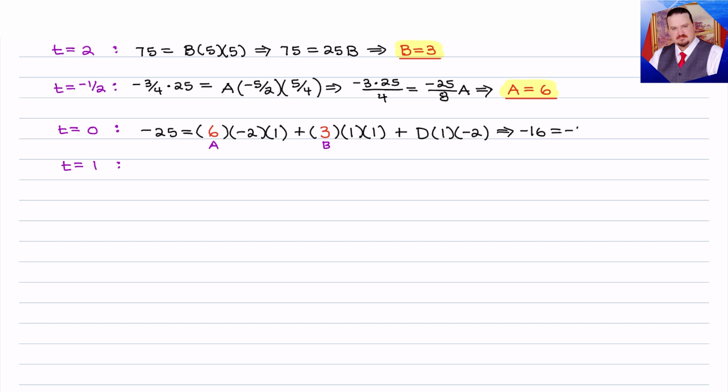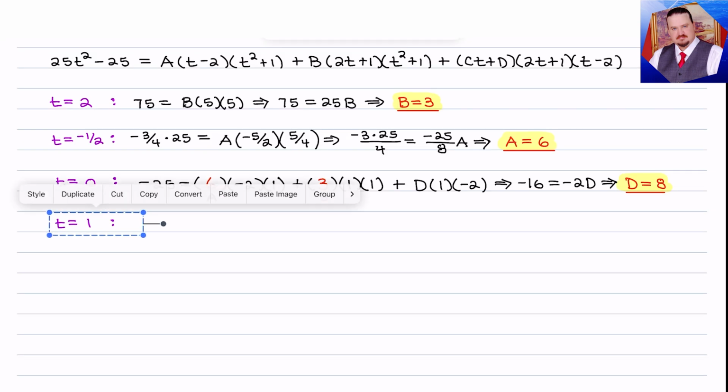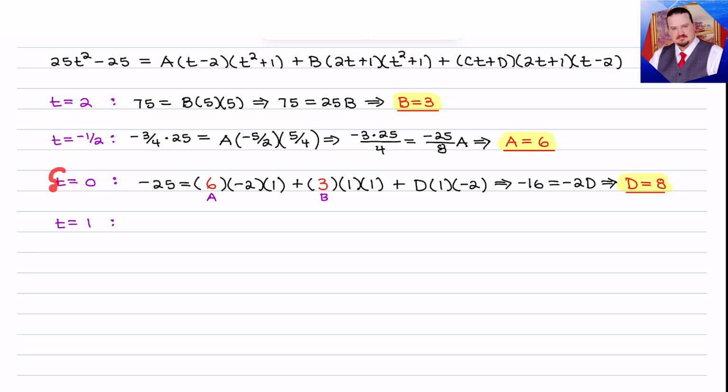And this is negative 2D. So what do we get when we solve this? D equals 8. So see, now we have A, B, and D. So now we'll use t equals 1, our last random number. They're not random, really. I chose them nice. You could choose the square root of 17, but that would not be a friendly number to use for anyone.